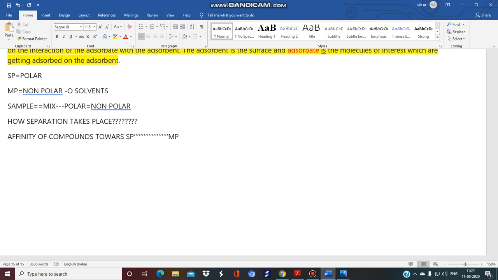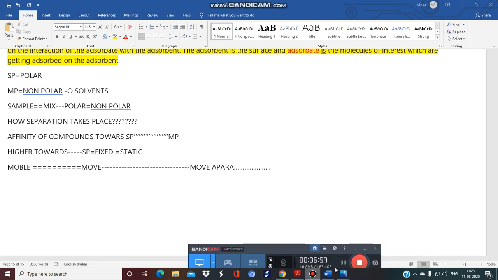If the compound in the sample has higher affinity towards the stationary phase, then what will happen? It will try to remain fixed, remain static. And if the compounds have higher affinity towards the mobile phase, what will happen? The nature of the mobile phase is to move, so these types of compounds will move apart. Okay, so in this way we can separate the components from a mixture.